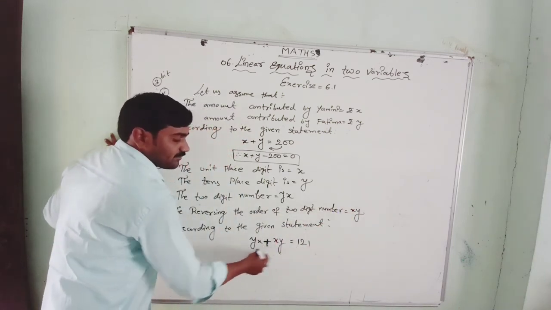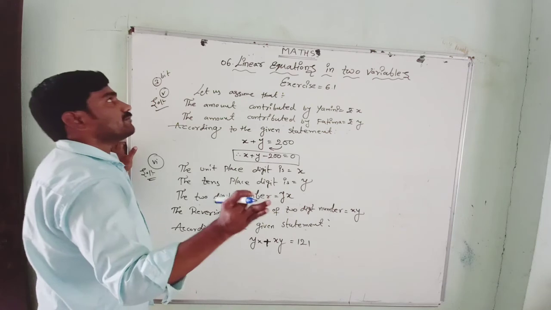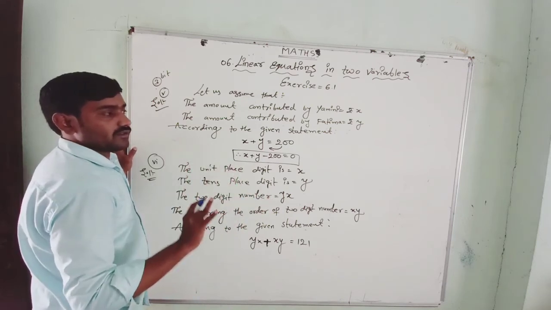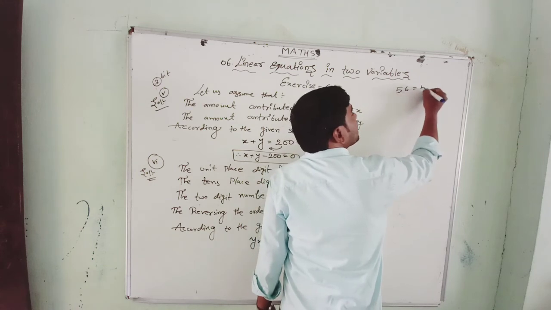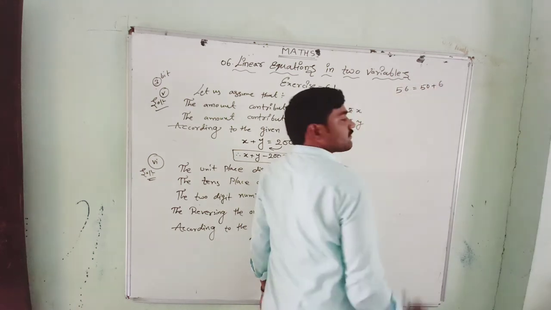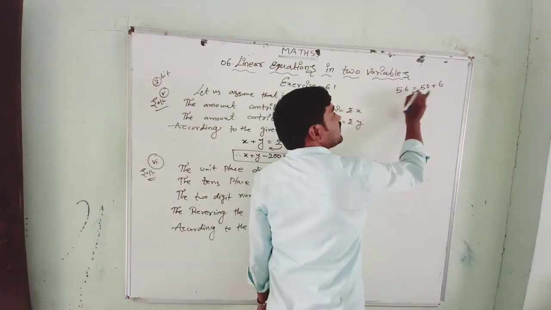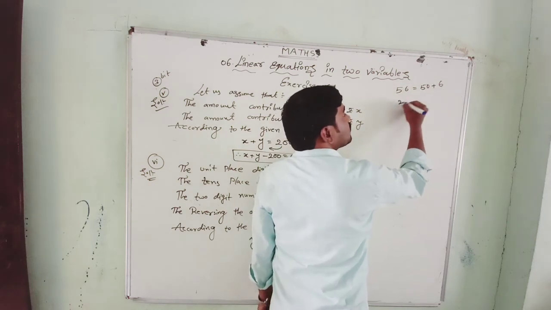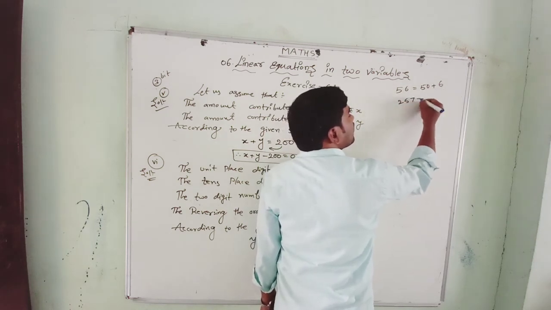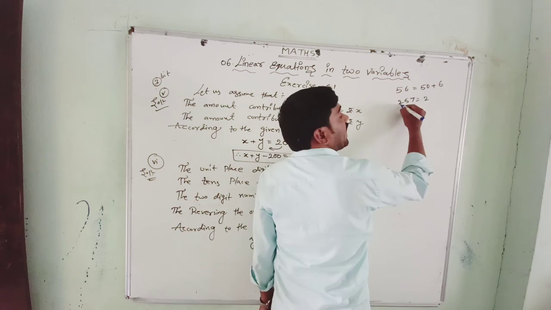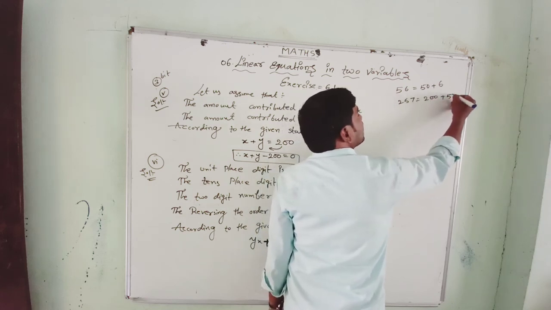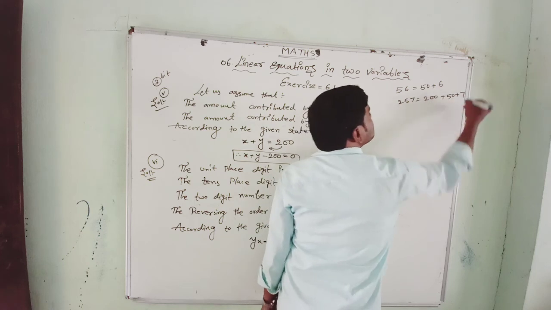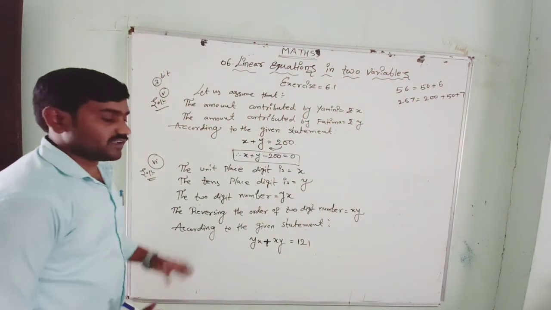But these are two digit numbers. Every two digit number can be written in expanded form. Suppose 56 can be written as 50 plus 6, because 5 into 10 is 50 and 6 into 1 is 6. Suppose 257, how can we write it? 2 in the 100s place, so 2 into 100 is 200, plus 5 in the 10s place, 5 into 10 is 50, plus 7 into 1 is 7. That way we can write.